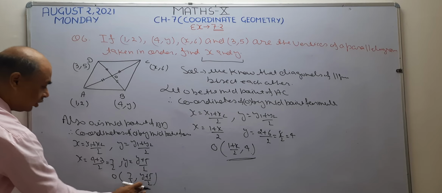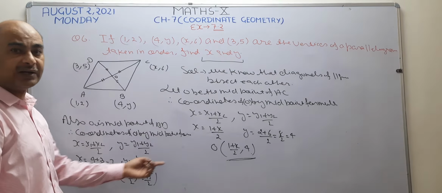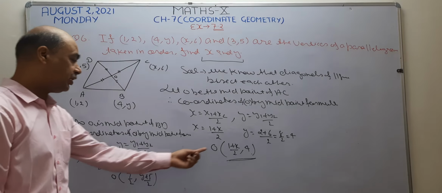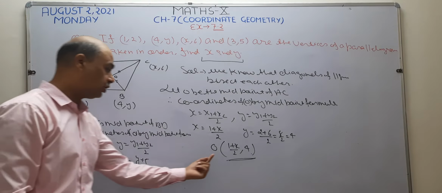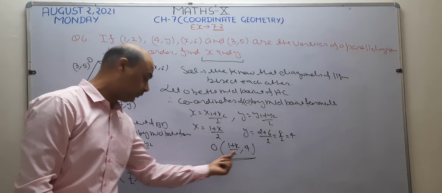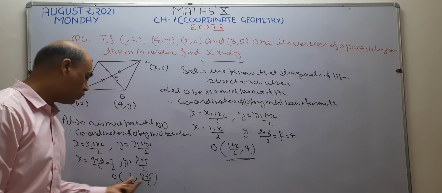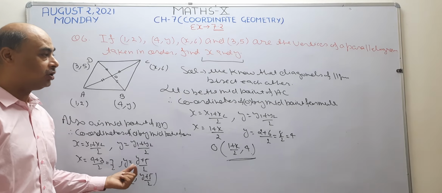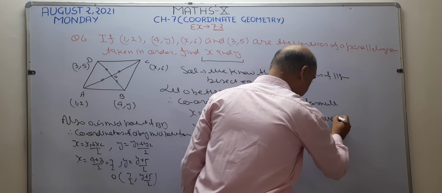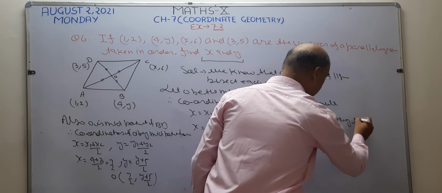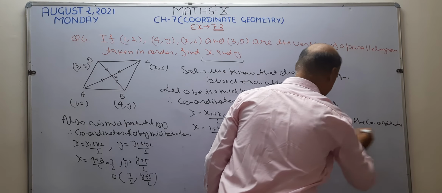Now these two are coordinates of O and these are also coordinates of O. Now what is the next step? Next step is equating the coordinates of O. This is the value of x and this is the value of y. Also this is the value of x and this is the value of y. Since the point is same, I want to equate the coordinates.